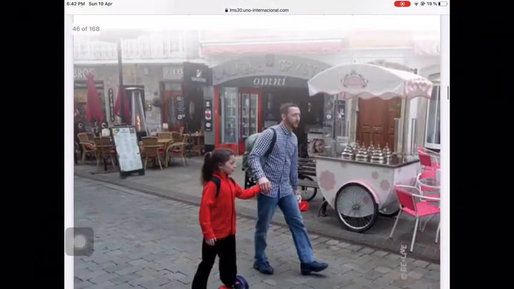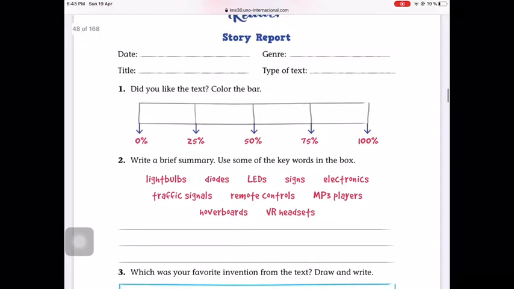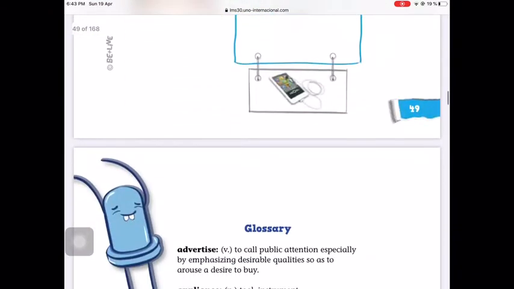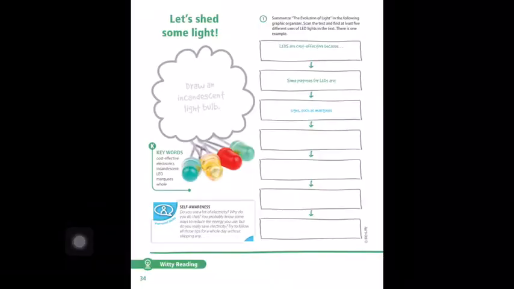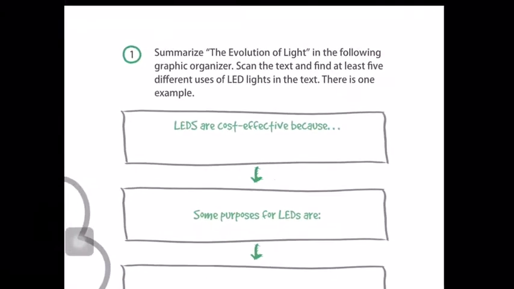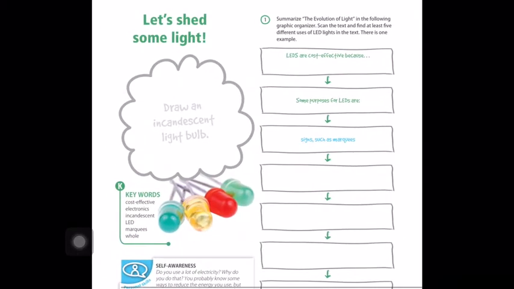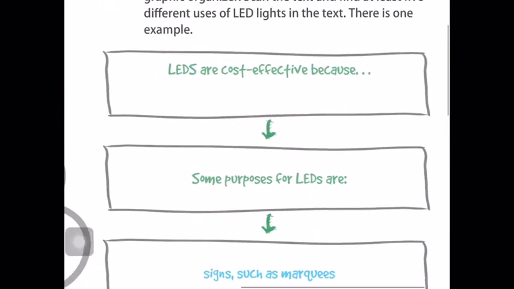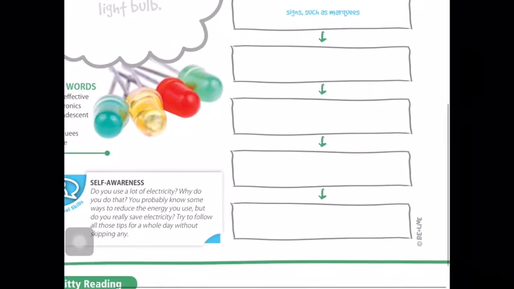Okay, page 46, it continues, and on pages 48 and 49 you have some exercises. Okay, well, you have to summarize all the book, The Evolution of Light, the main ideas of that book. You write the main ideas here. Okay, some sentences with the main ideas.